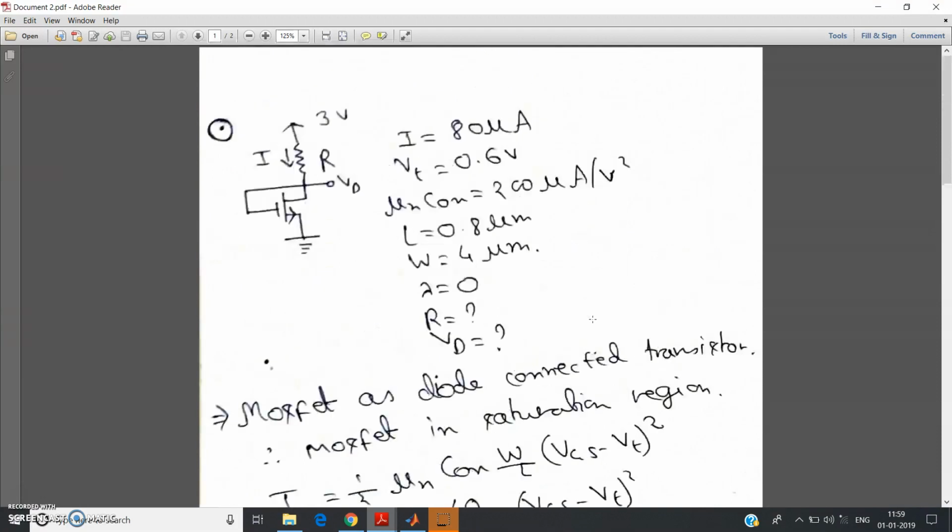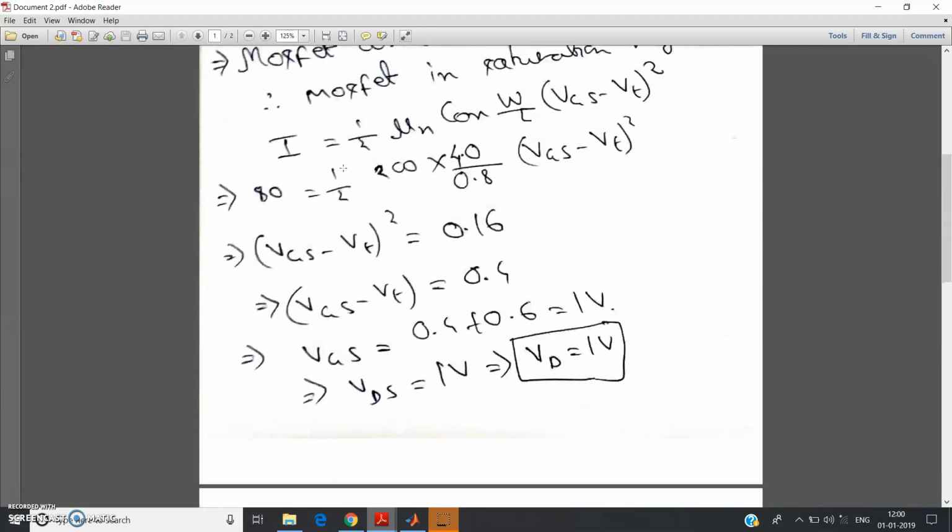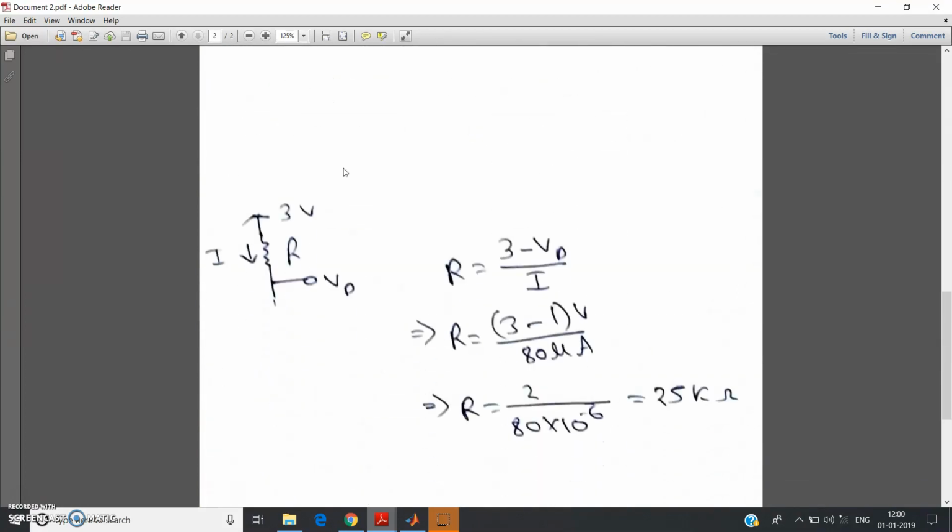Another unknown parameter is the resistance, which we have to calculate. Very easy. Just consider the upper portion of the circuit, apart from the NMOS, and draw it separately so that you can clearly understand what is happening. So 3 volt, then one resistor, then the drain voltage VD, and current I is flowing. I is 80 microampere, which is given in the question. VD we just calculated, that is 1 volt.